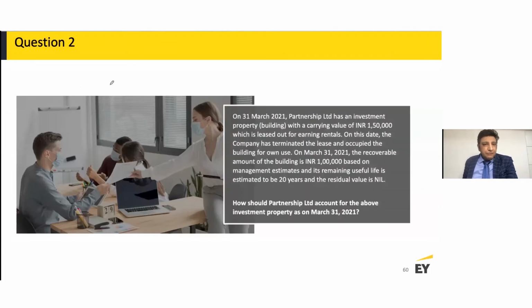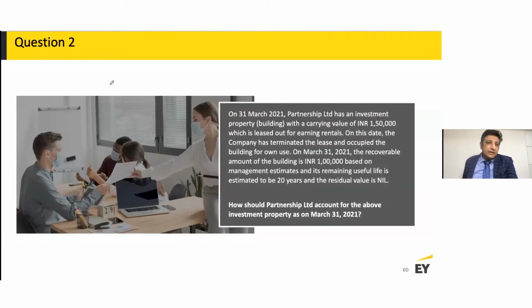We are provided with the information which says that on 31st of March 2021, Partnership Limited has an investment property, that is a building, with a carrying value of 1,50,000 rupees, which is leased out for earning rentals. On this date, the company has terminated the lease and occupied the building for own use.